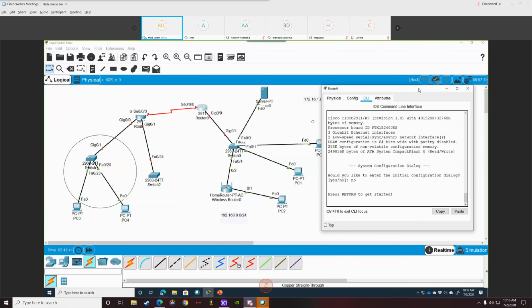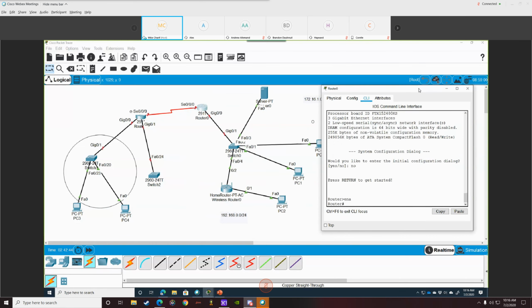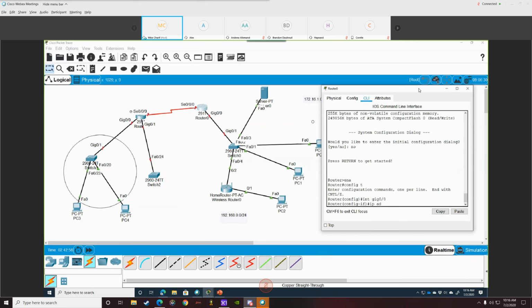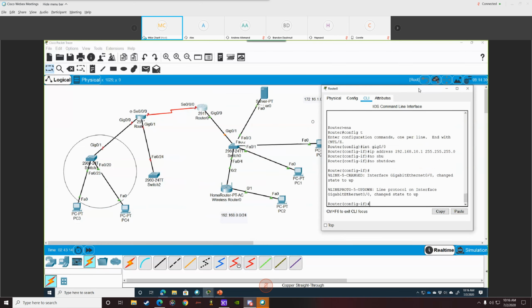Enable, config t, interface gigabit 0/0. I want to give it an IP address to bring it up, 192.168.10.1 for example, with mask 255.255.255.0, and no shutdown to bring it up. Okay, so this interface is up.